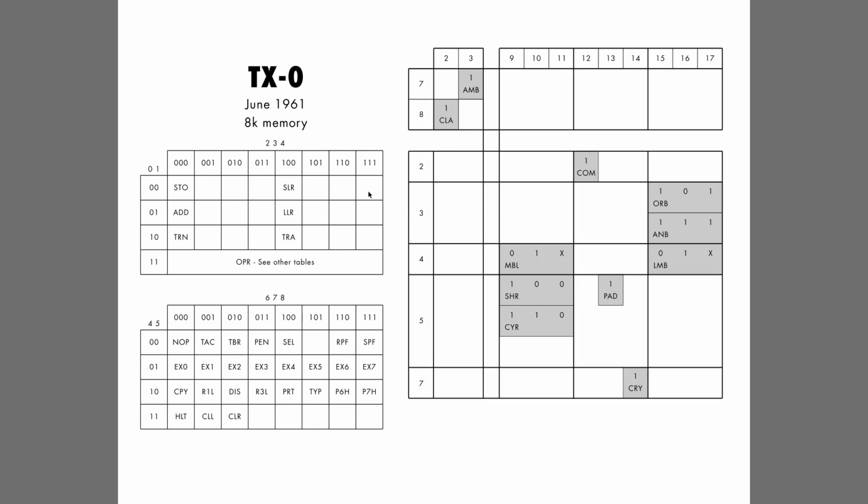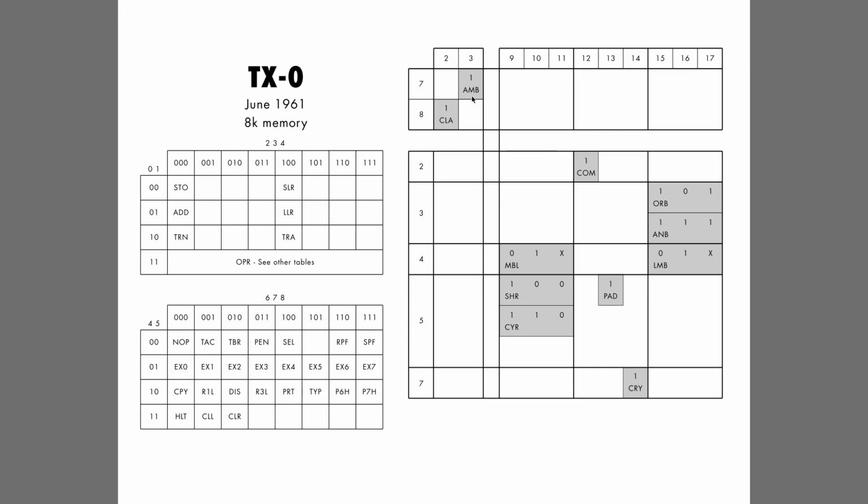By June 1961, the main instructions hadn't changed, but the operate instruction was reorganized a bit. So first of all, CLL and CLR had now been moved into the I/O group to make space for more bits for more useful or more often used operations.